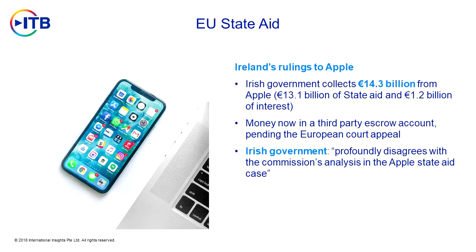The money is now sitting in a third-party escrow account pending the outcome of the appeal process through the European courts. And in case there was any doubt, the Irish government reiterated that it profoundly disagrees with the Commission's analysis in the Apple state aid case.